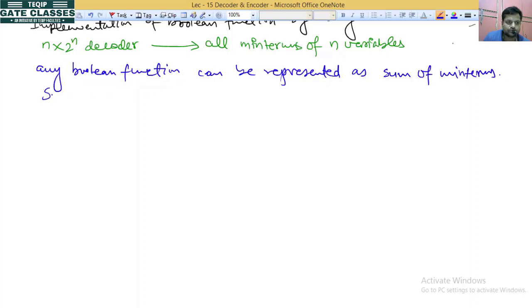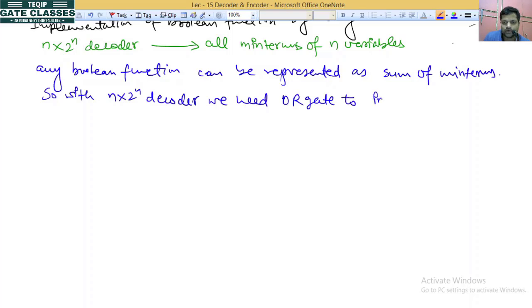So with an n cross 2 to the power n decoder, we need an OR gate to implement an n variable function.